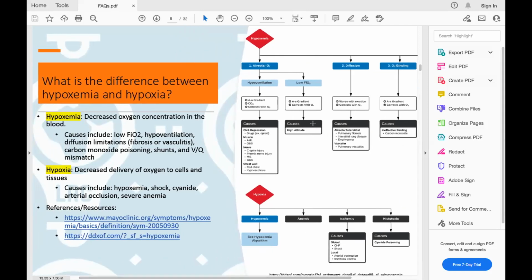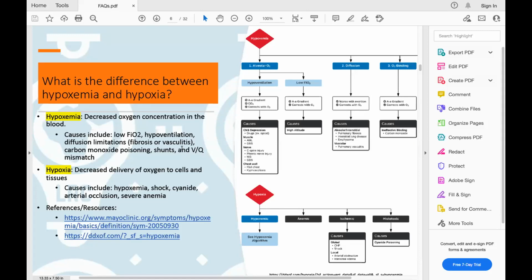I think everyone remembers this picture, but the common causes of hypoxemia, as we discussed, include low FiO2, and a good example is in the case of high altitude. For hypoventilation, we have many causes, including CNS depression and muscle diseases, including Guillain-Barré syndrome.